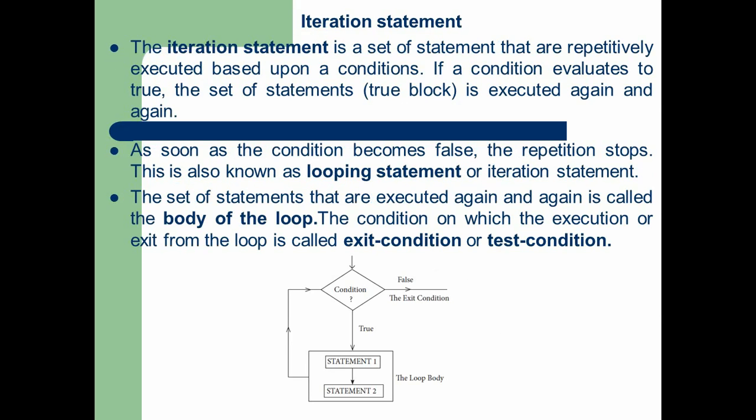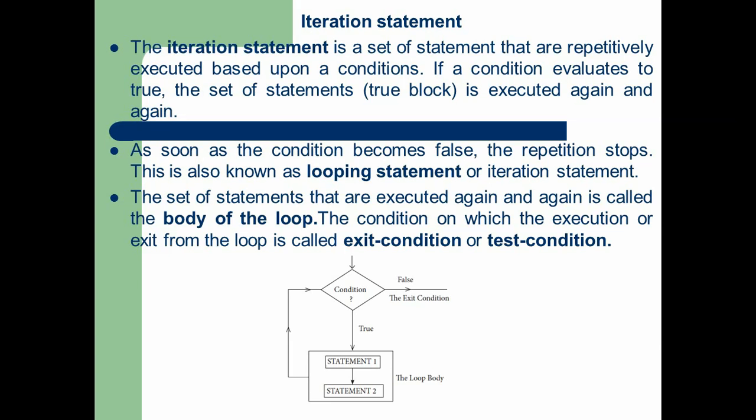Next one is the iteration statement. An iteration statement is a set of statements that are repeatedly executed based upon a condition. If a condition evaluates to true, the set of statements, that is the true block, is executed again and again. The difference between the selection and iteration statement is that the condition is checked only once in a selection statement, whereas in an iteration statement the condition is checked every time the execution of the statement ends.